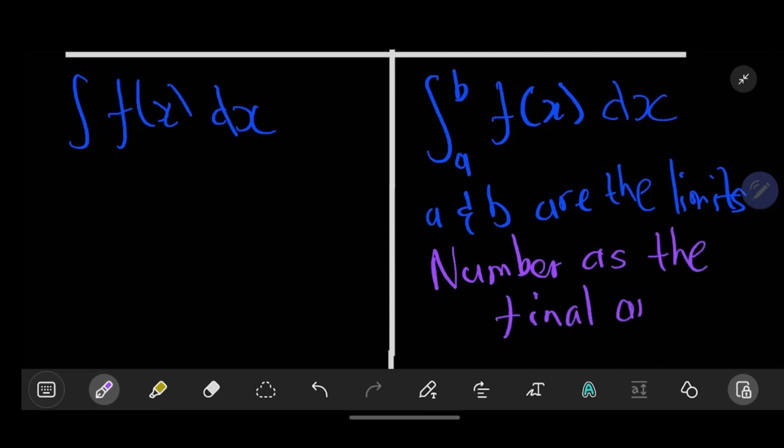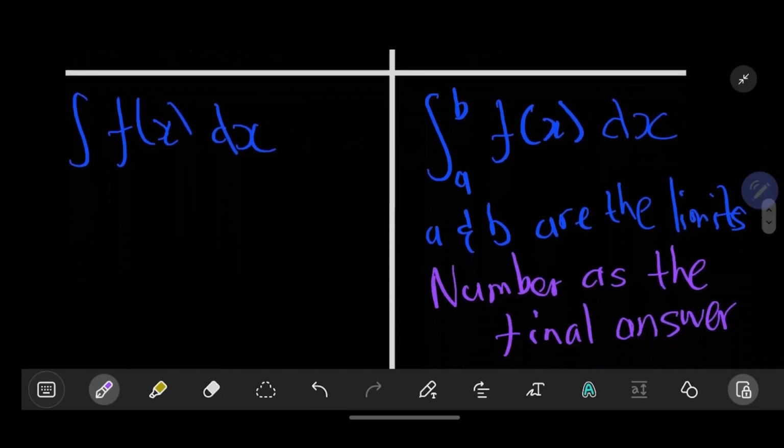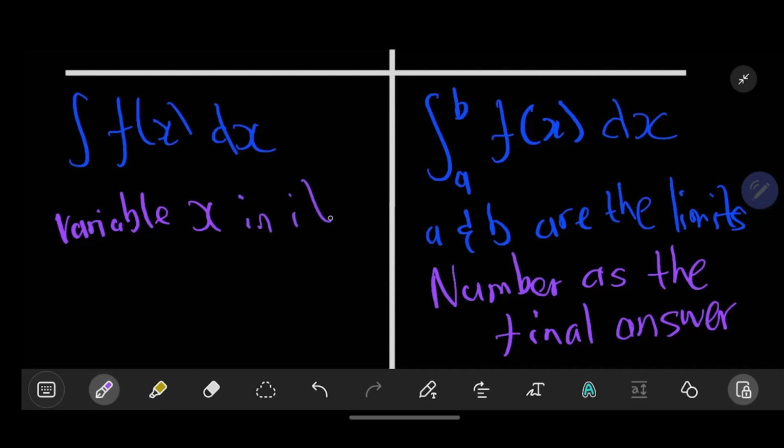If you've watched my integrals videos around the indefinite integrals, you know that for an indefinite integral we would get an answer with the variable x in it, written as some expression in x plus c, which is the constant.